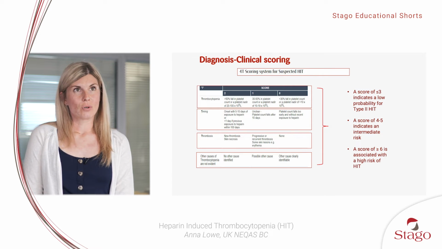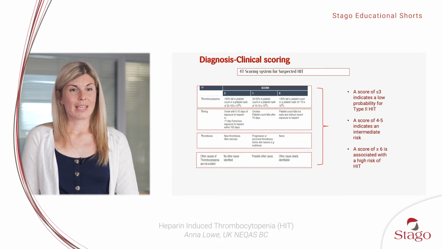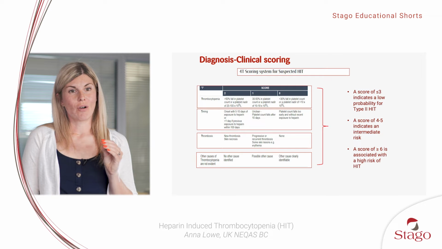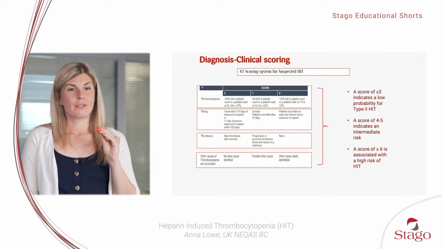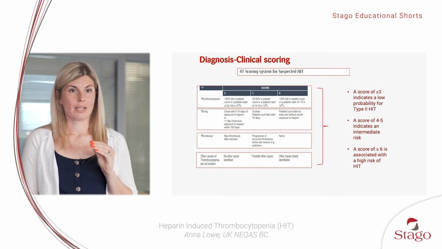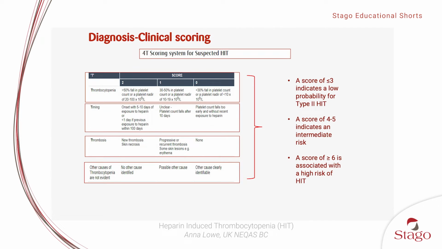And when I say 4T scoring system, it's a characterisation of the different areas of HIT. So for instance, thrombocytopenia, timing, thrombosis, and then other causes of thrombocytopenia. Whoever's looking after the patient, the clinician, the doctor or the nurse in charge, will look at the patient's symptoms, look at the lab tests that are returned, and then give them a score accordingly.